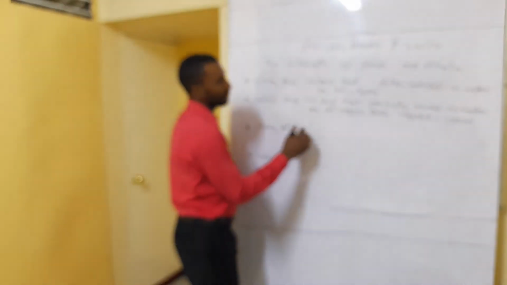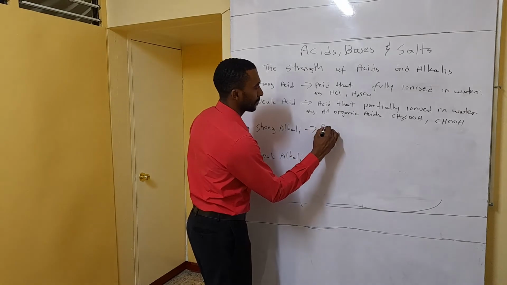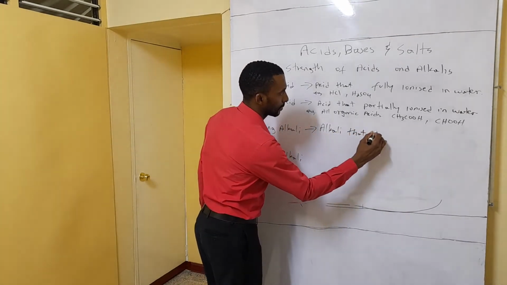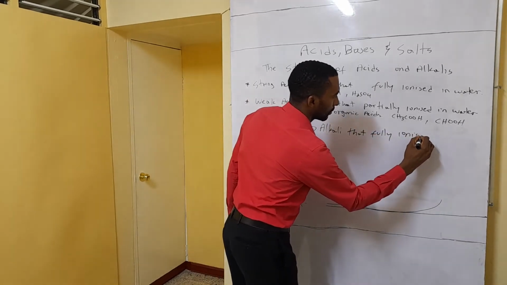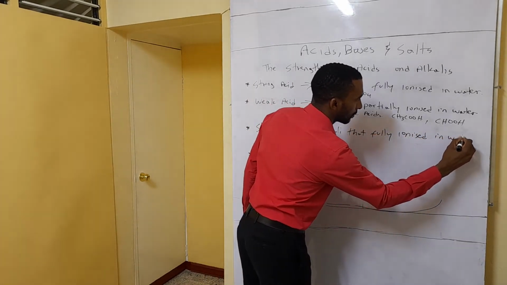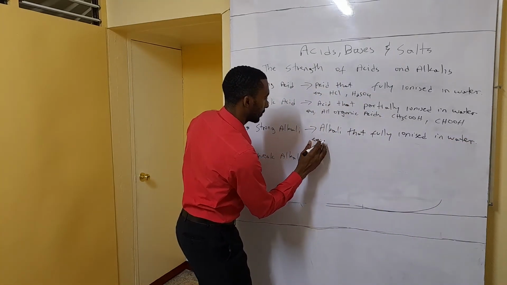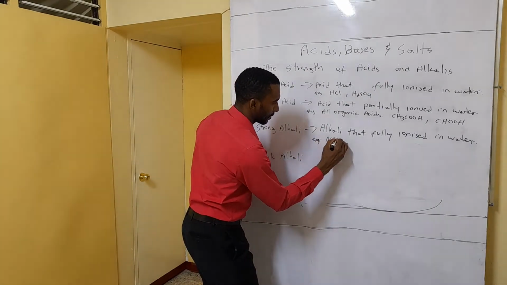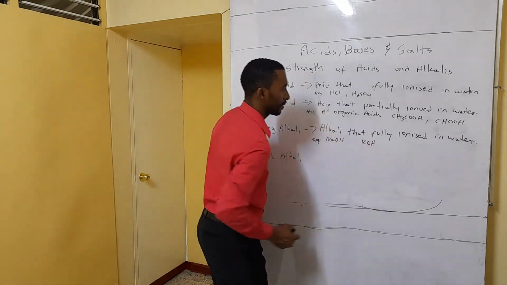Strong alkali, one that fully ionizes in water. Example, all the alkalis that we use so far: sodium hydroxide, potassium hydroxide.